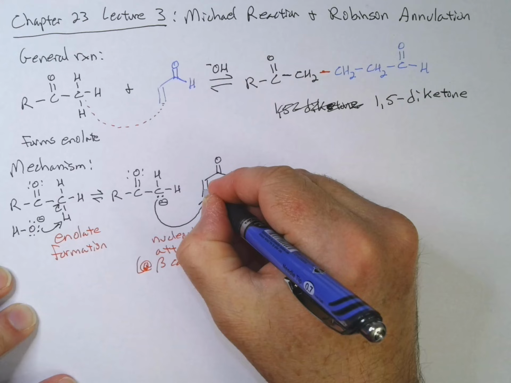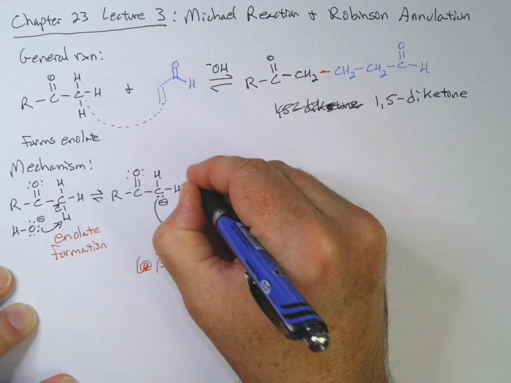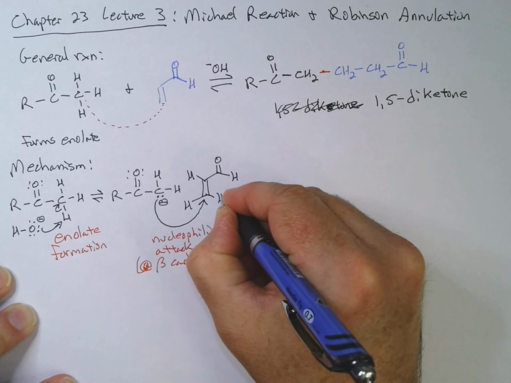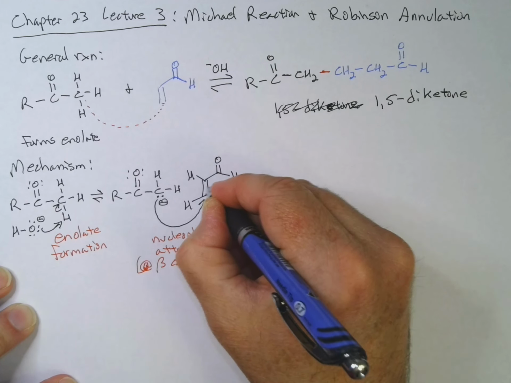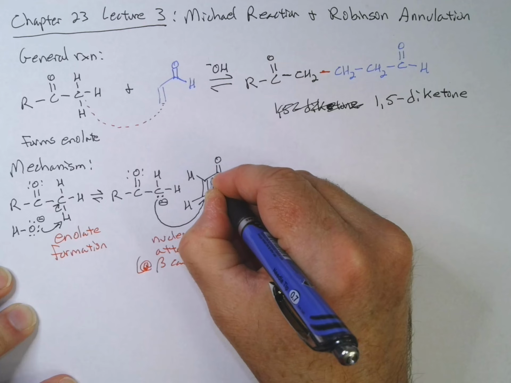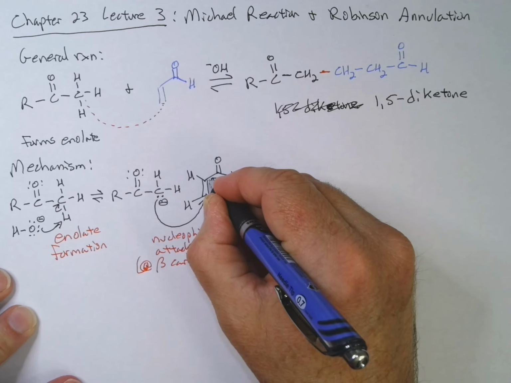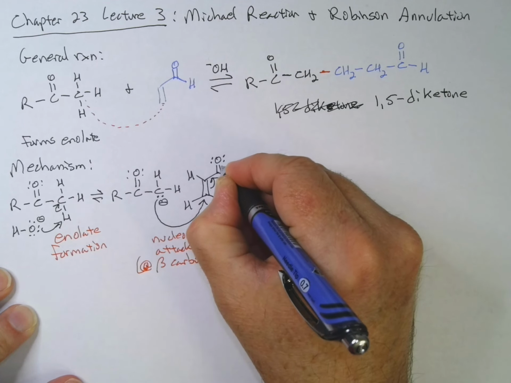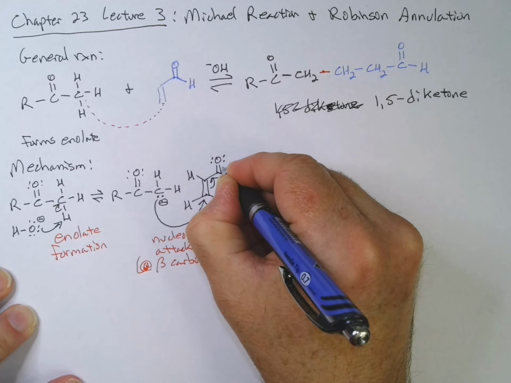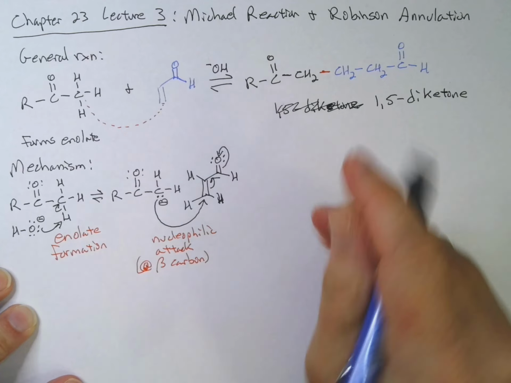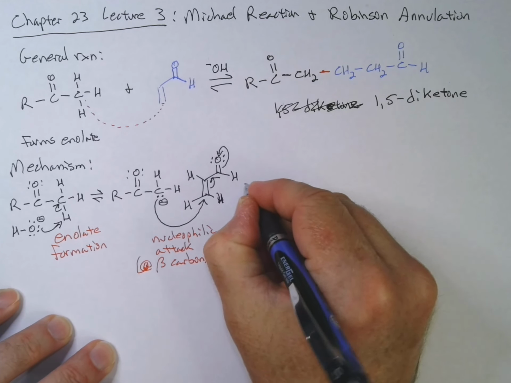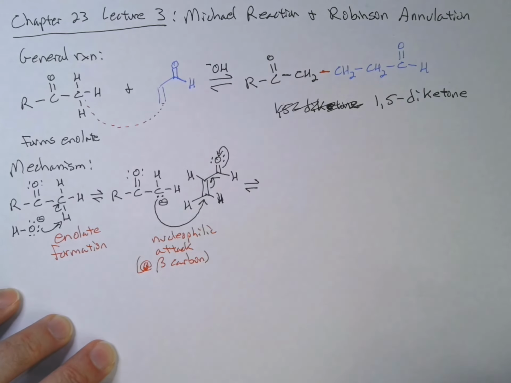Now when this happens, of course, let me put in the hydrogens here. When this happens, these electrons have to go somewhere. So they're going to scoot over. And now these electrons in the carbon-oxygen double bond have to go somewhere, so they're going to go up onto the oxygen like so. And then I'll show you a slightly different way to draw this in just a sec.